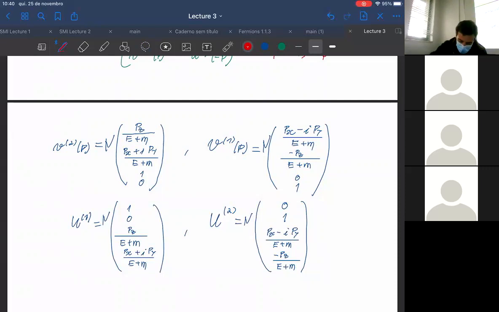In fact, here this is spin 1/2, spin 1/2. This is spin minus 1/2, this is spin minus 1/2, and all of them have positive energy. And also, this one here is antiparticle. This is particle.